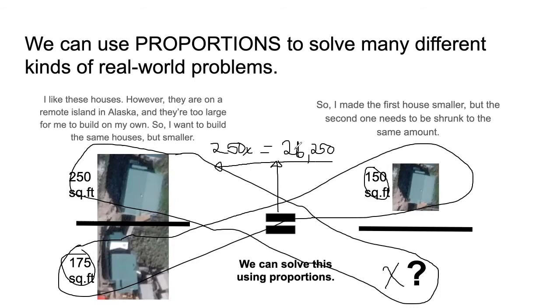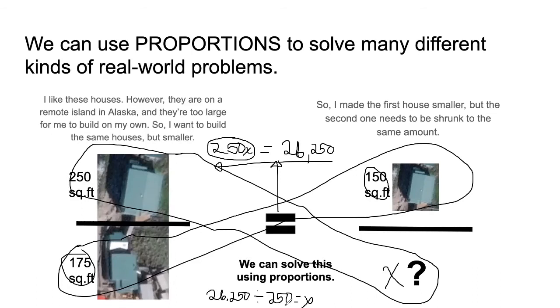When we go backwards, we're going to start with 26,250. Once we do that, if we're going backwards, we got to go with 250 next. Now 250 is right next to X. If a number is right next to a letter, that means we are multiplying. So the opposite of multiplying is dividing. We're dividing by what? 250. And that's going to get us what X is.